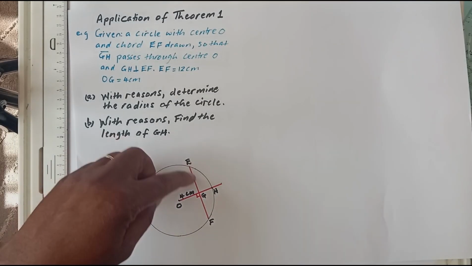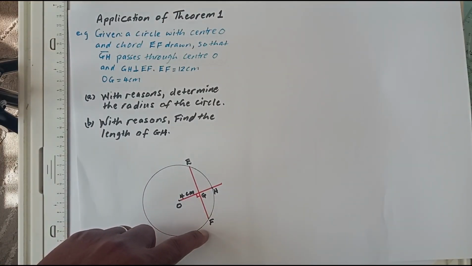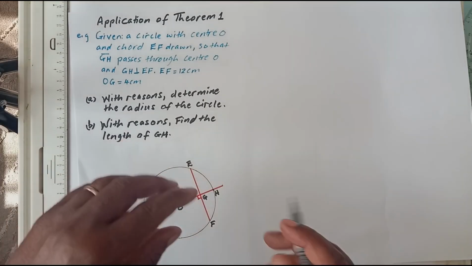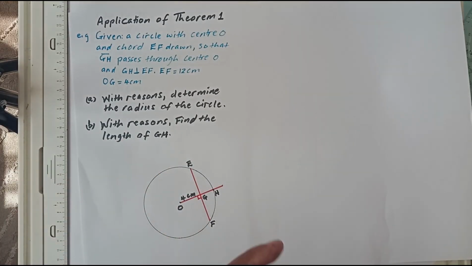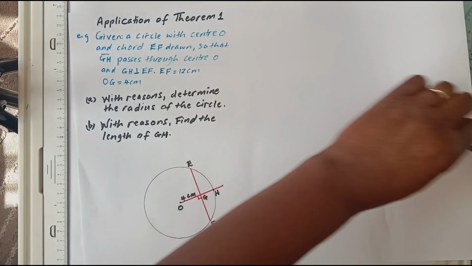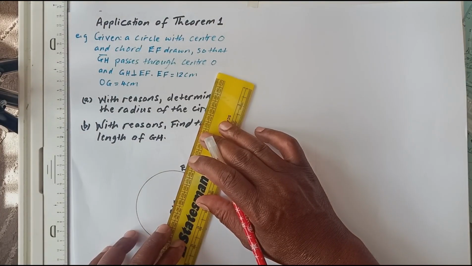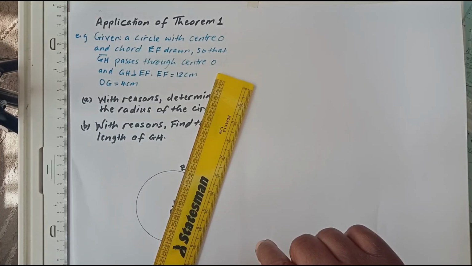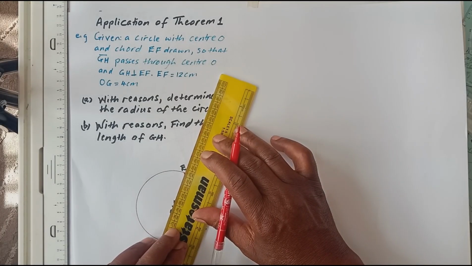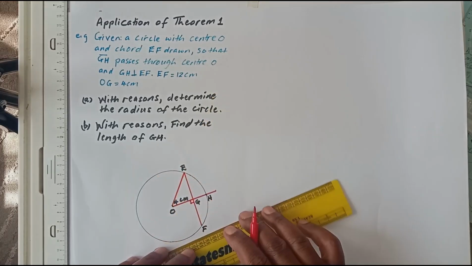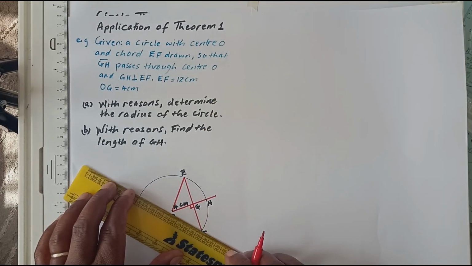Now, if EF is equal to 12 centimeters, let's draw a line from E to O. That's an additional construction so that we complete a triangle there.